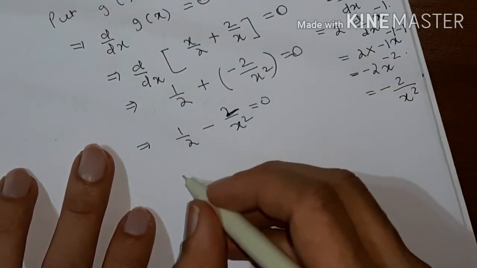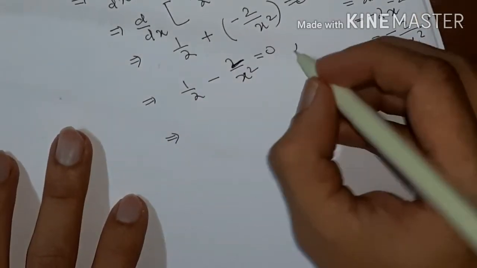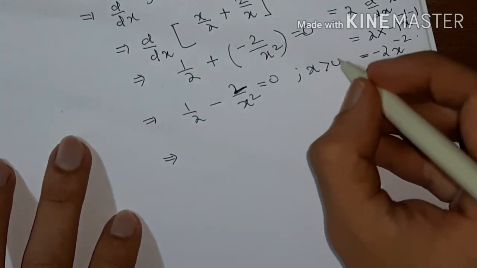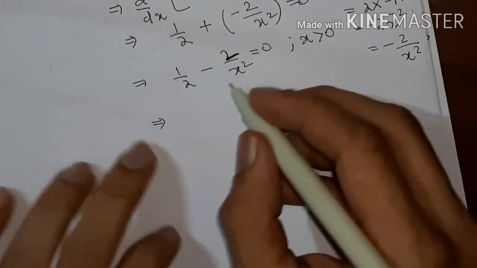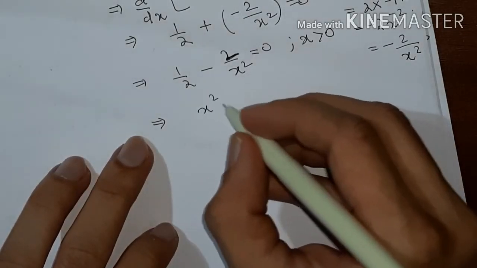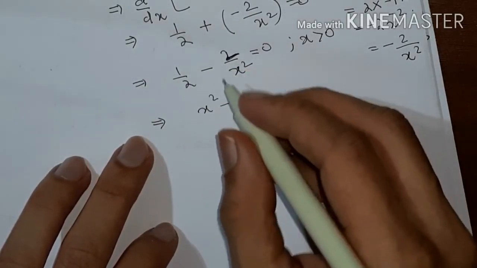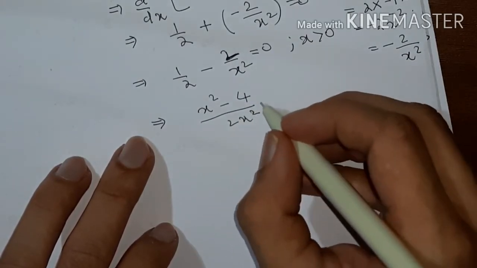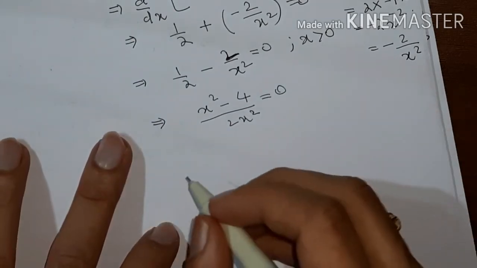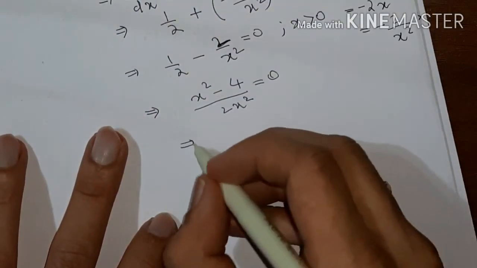Okay, and you have to remember this condition that x is greater than 0, right? Now if you cross multiply this, what will you get? x square minus 2 times 2 is 4, divided by 2x square equal to 0, right?